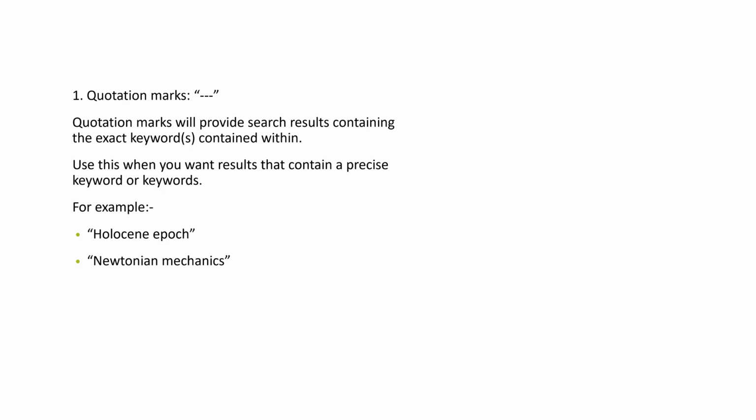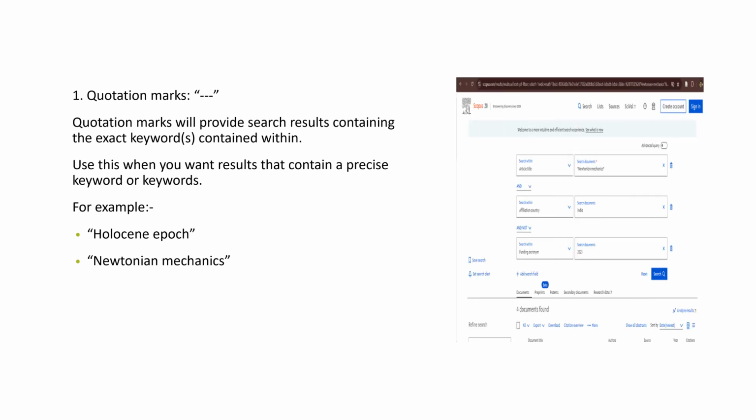Here I am showing you another example by taking a screenshot of another very popular database, and that name is Scopus. I have put a query, Newtonian mechanics, using double inverted commas at the starting and at the ending.